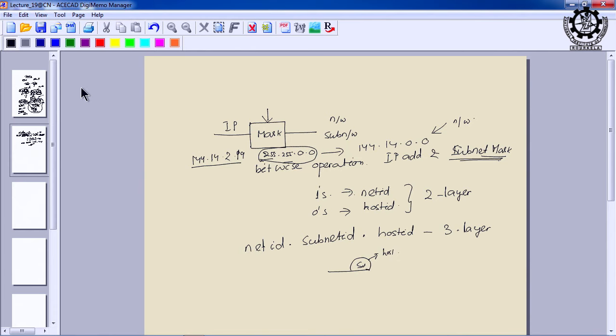Now, in this subnet ID, how is the mask calculated? Again the same feature: if all ones, it gives the subnet ID, if all zeros, it gives the host ID. This is for the subnet mask.